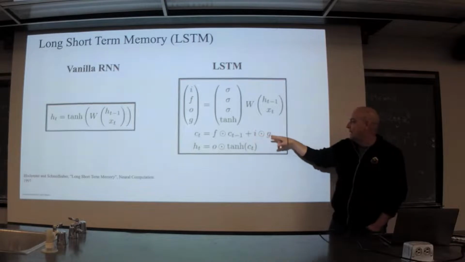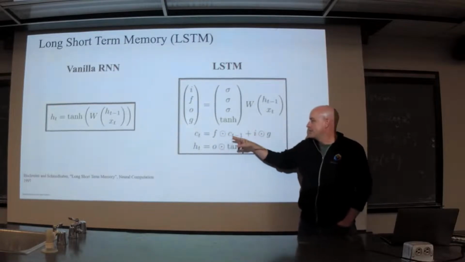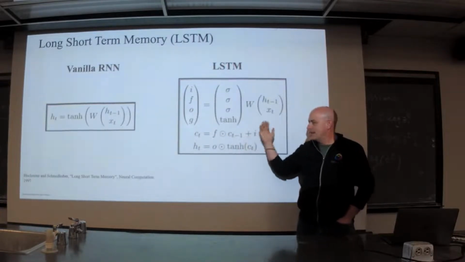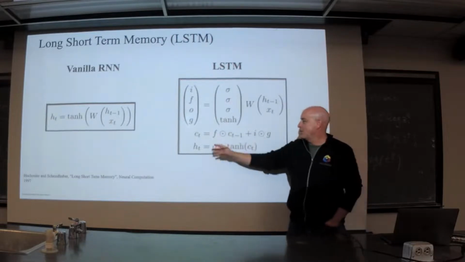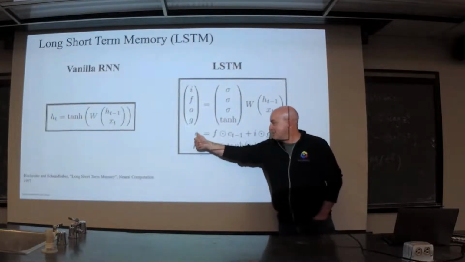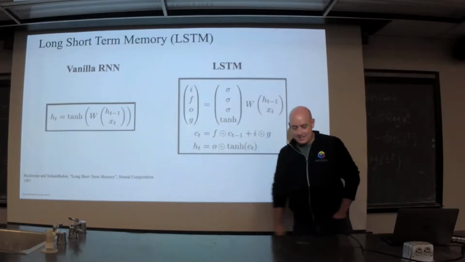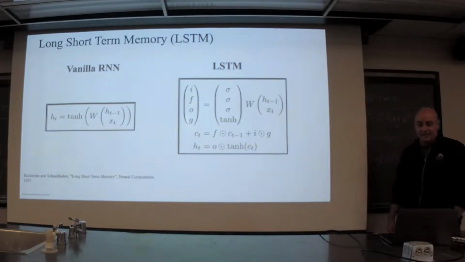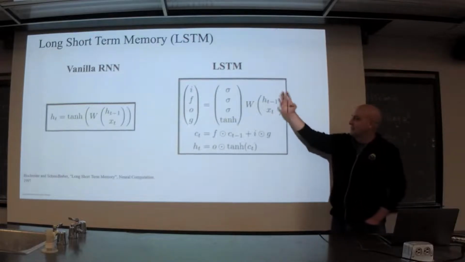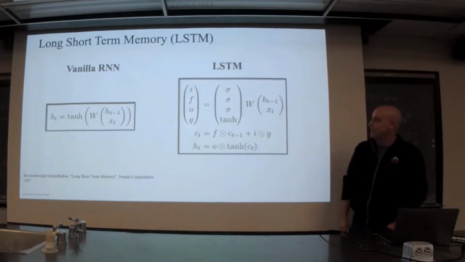So you have this entry-wise I times G, this entry-wise F times C_{t-1}, again, tracking some previous state. Add those all together, this gives you some current state, but what is that? Well, it's the thing that we use to then update the hidden state that we recognize from what we saw in the plain vanilla RNN.